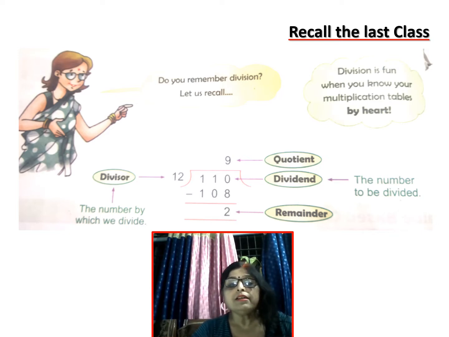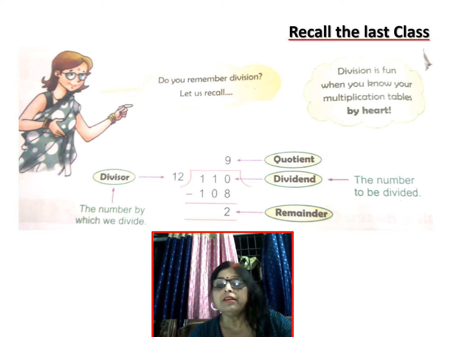Here 12, the number which we divide, is called the dividend. And the number by which we divide is called the divisor. And the result of the division is called the quotient. And the rest of the number which is remaining is called the remainder.